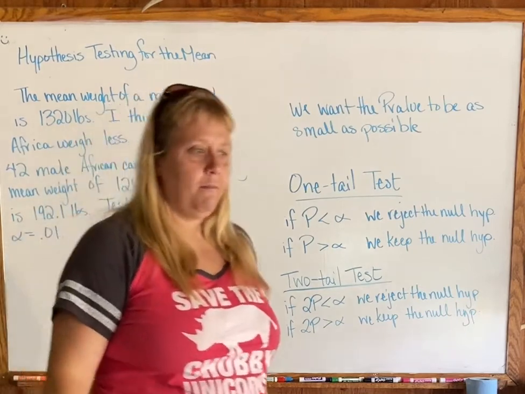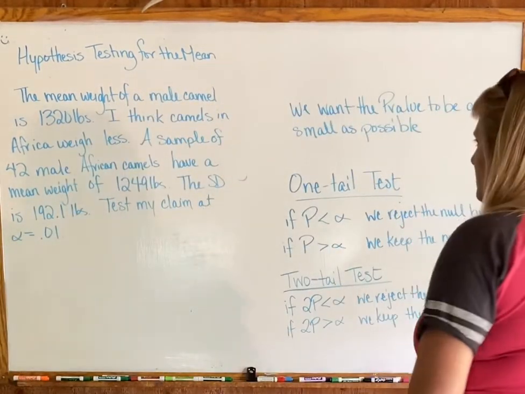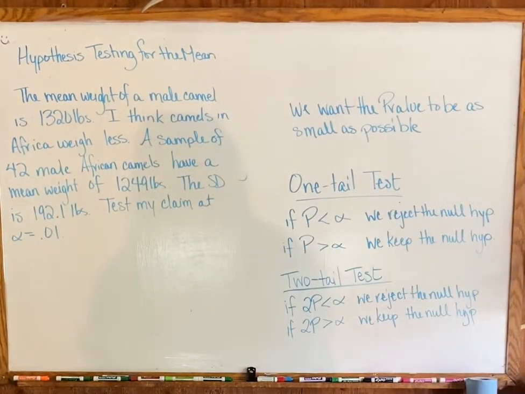Now that we get to the end of the semester, we end up spending a lot of time writing down problems. Tedious. Okay, so again, it's made up because I just bought myself a male camel this weekend. So this is all about selling one. So, made up problem, the mean weight of a male camel is 1,320 pounds. I think camels in Africa weigh less. So there I'm making a statement. As we talked about last time, there's going to be some sort of hypothesis. And there it is.